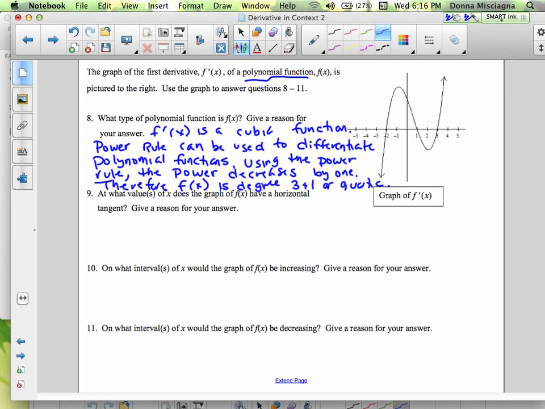So when you take the derivative, your power goes down by 1. So if the derivative is cubic, then the original function f of x has to be quartic. Right? So at what values of x does the graph of f of x have a horizontal tangent?